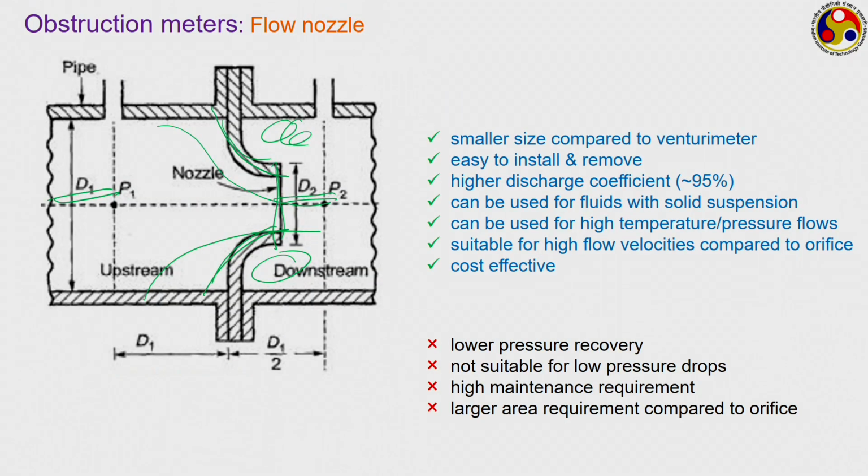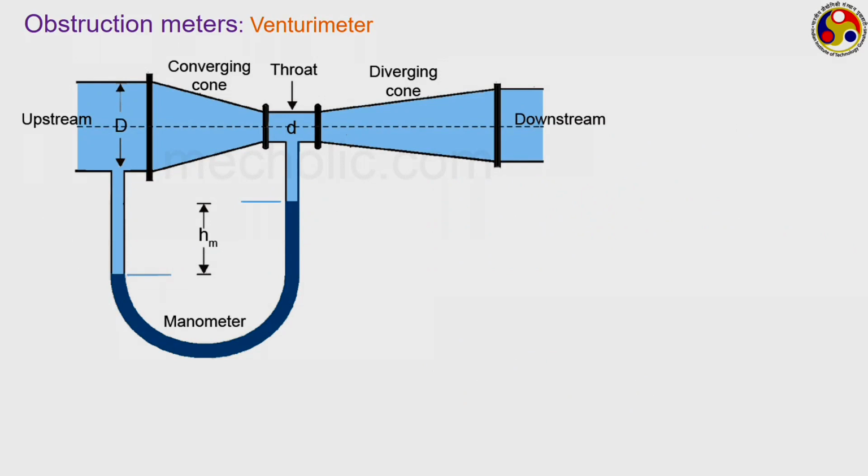So, to eliminate all the problems with flow nozzles, but continue with all its advantages, next we move to the Venturi meter, which can be visualized as a combination of two channels, one with a converging section, the other with a diverging section, such that there is a common area at the throat. So, here both on the upstream and downstream side there is a smooth transition of the flow.